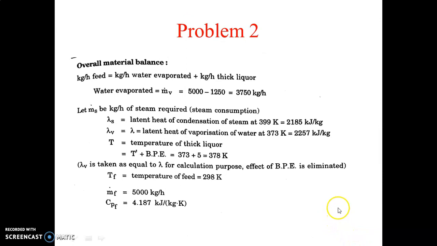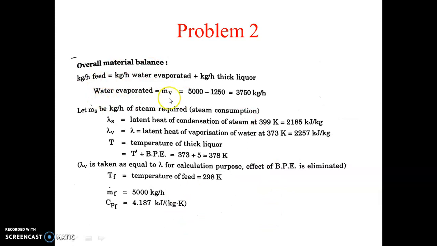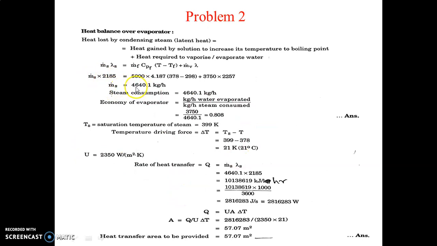So these are the two answers we obtain from this data. In this problem, first write the material balance, then the overall material balance, then water evaporated, put all these values and calculate m dot s, then from that we can calculate economy. For area you first calculate Q, then delta T, U is given, and from that data you can calculate the heat transfer area. In this way we can solve this problem.